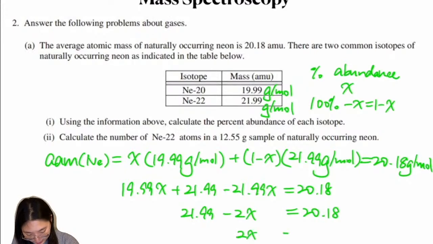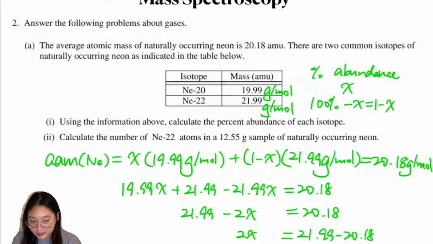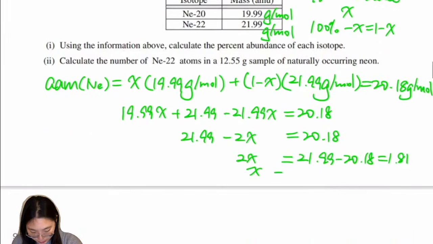Then 2x is equal to 21.99 minus 20.18, and by using our calculator, that's equal to 1.81. So x is equal to 0.905.